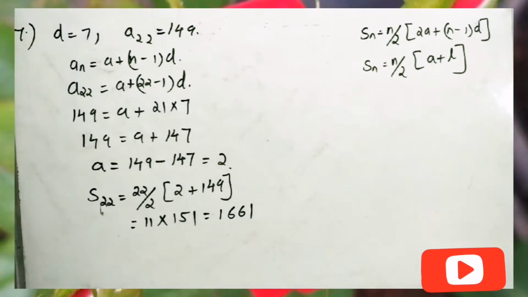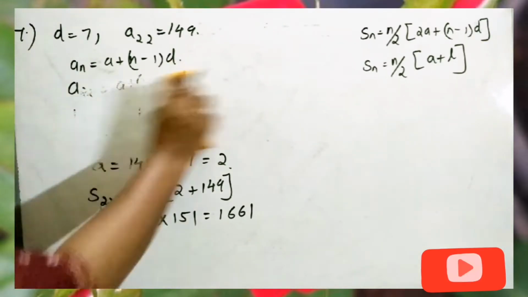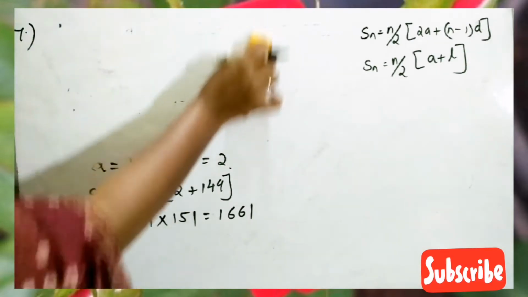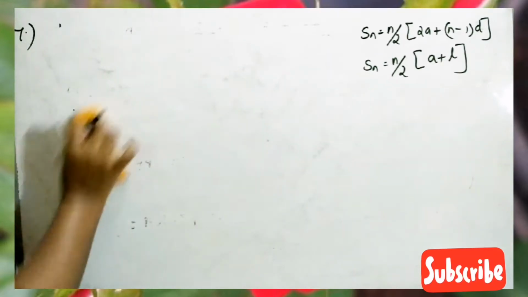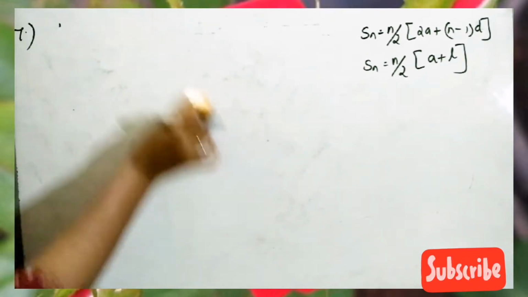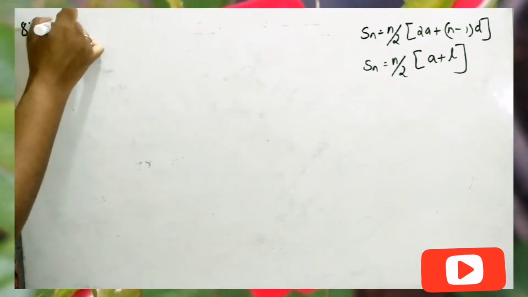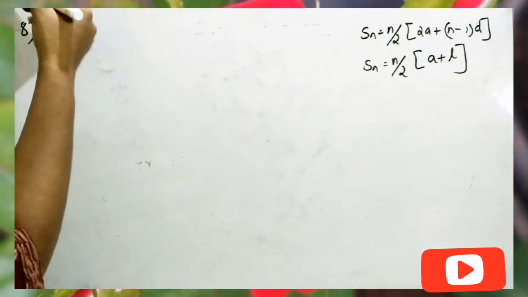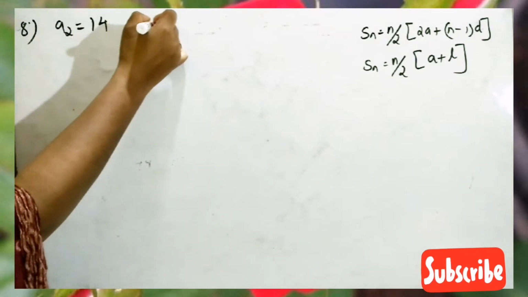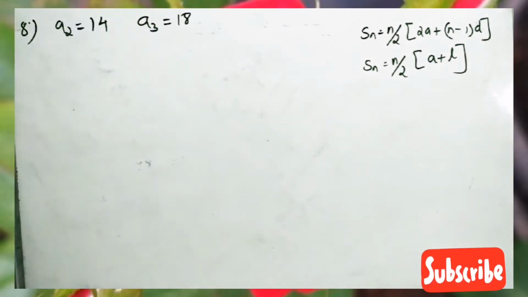Eighth question. Find the sum of first 51 terms of an AP whose second and third terms are, second term 14, third term 18. We need to find the sum of first 51 terms.